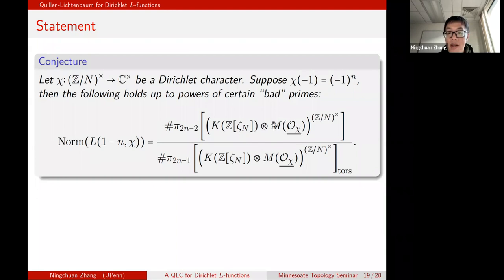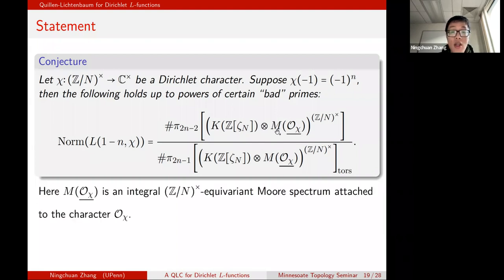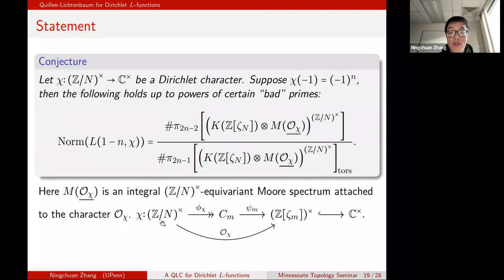So this part is the integral equivariant Moore spectrum attached to some integral character. Remember, this character is complex valued, but it uniquely factorizes through some cyclotomic extension of integers, where I require the first map to be surjective.